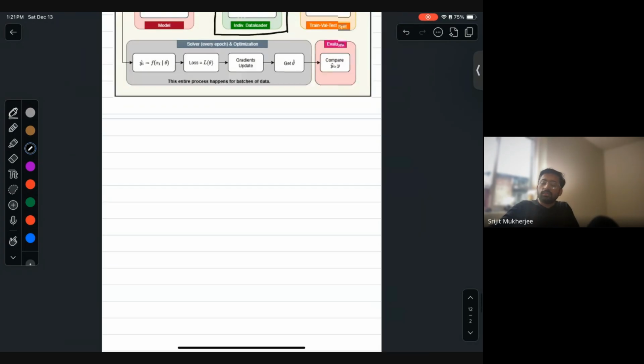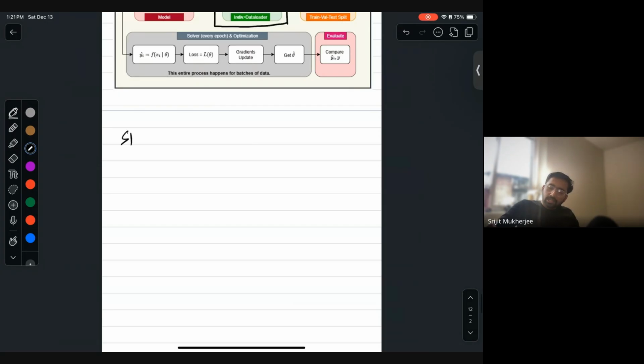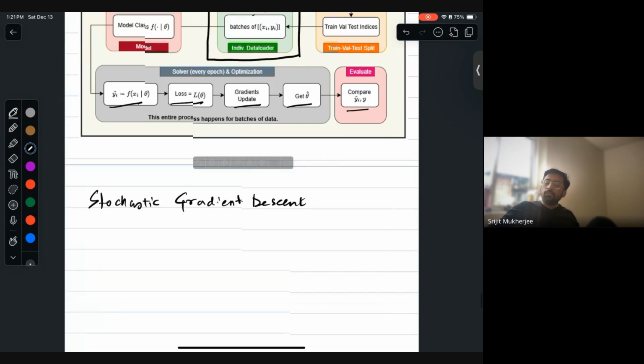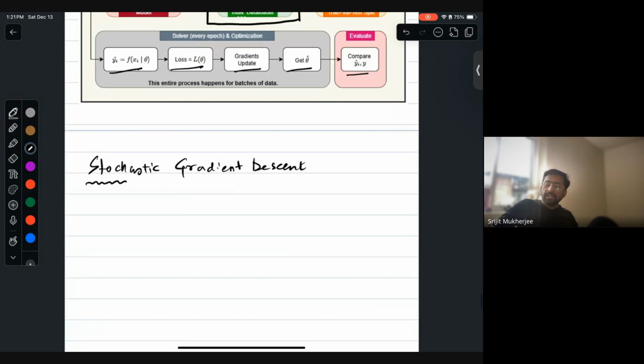That's where we come to the final part, stochastic gradient descent. After selecting the batches, we give the model the y hat, the loss, the gradients update, get theta hat, the updated parameters, and get the y hat. But why batches? This is where it lies in stochastic gradient descent.